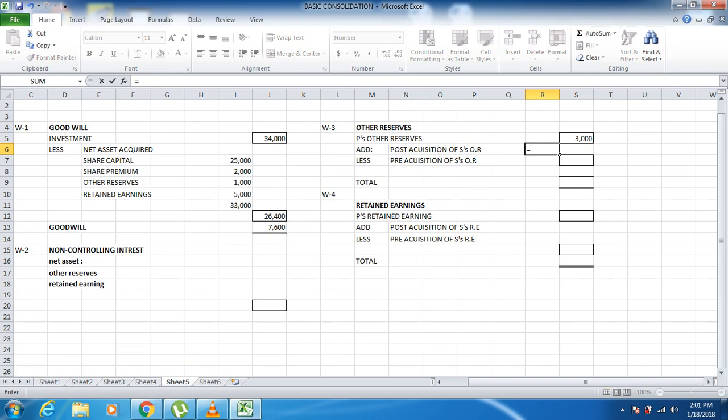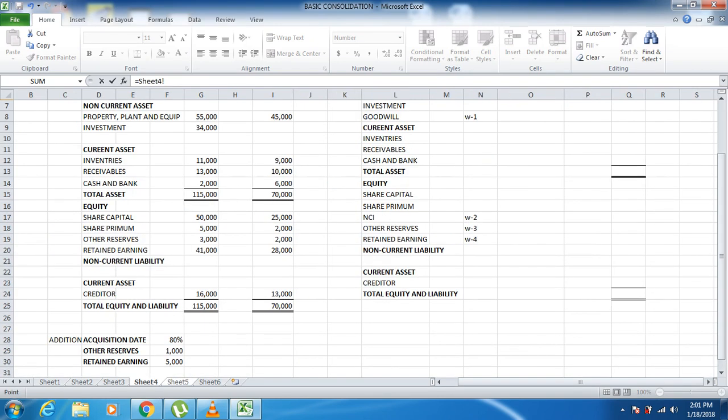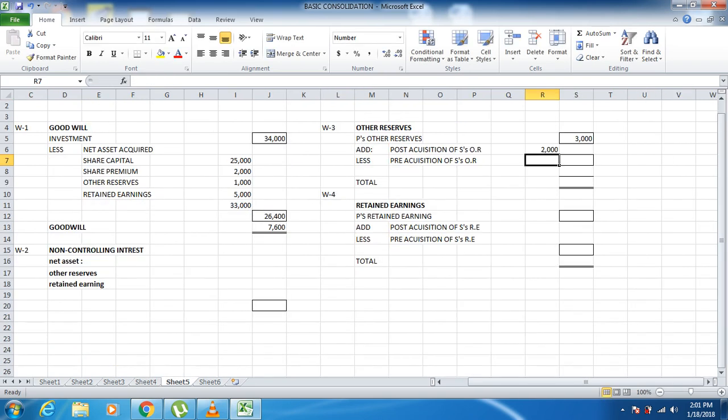Post acquisition of subsidiary's other reserves, 2,000, less pre-acquisition of subsidiary's other reserves.